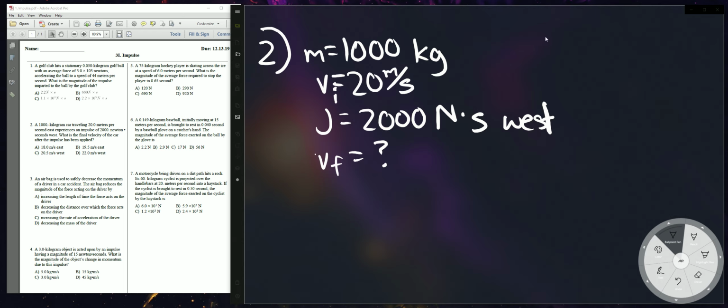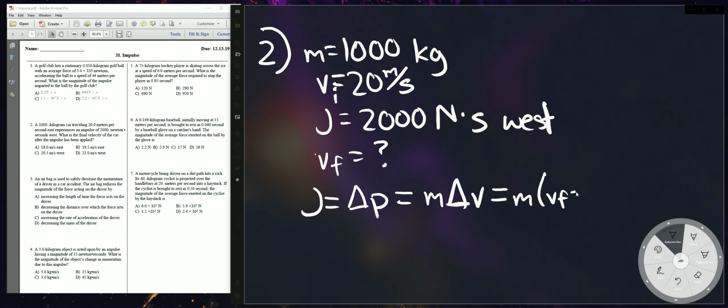Well, again, we know that J is equal to delta P, because that's the definition. Impulse is change in momentum. And since our mass never changes, we can just write it like this: m delta v is equal to m times vf minus vi.